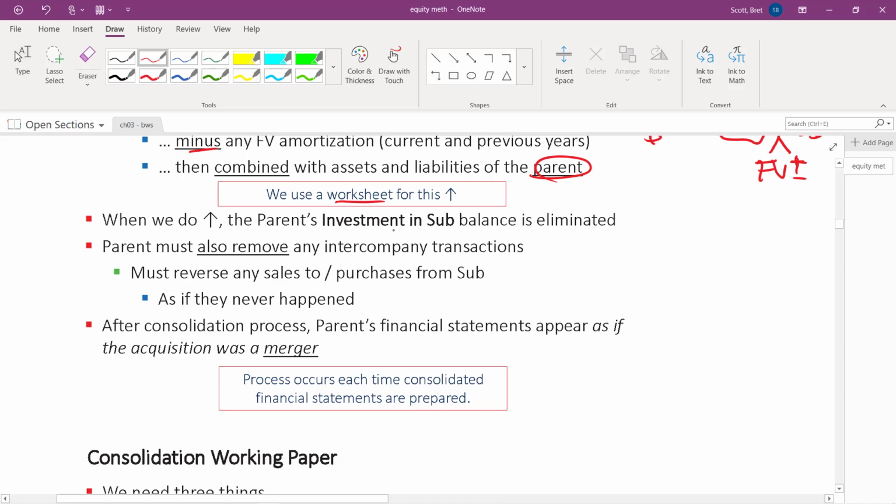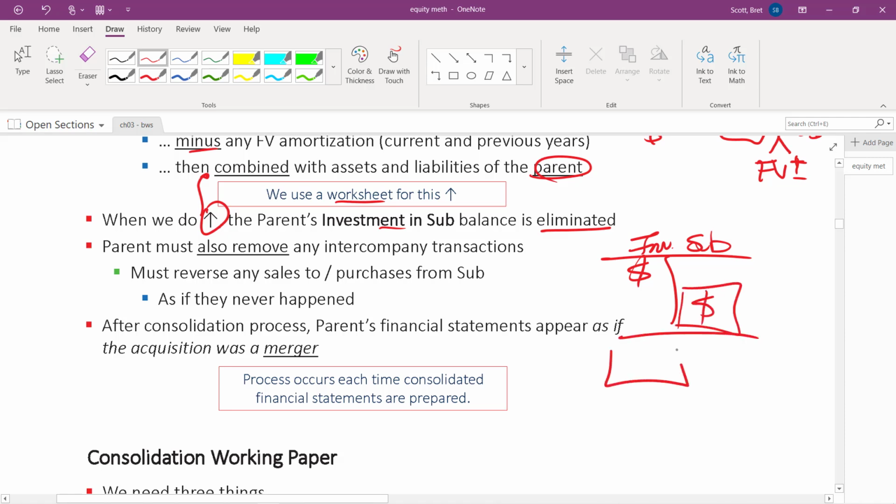When we do the above process, the parent's investment in subsidiary balance is eliminated. So remember we have that investment in sub balance in there. The process by which we do our consolidation journal entries is we're essentially taking all of that balance away because we want to report no balances.